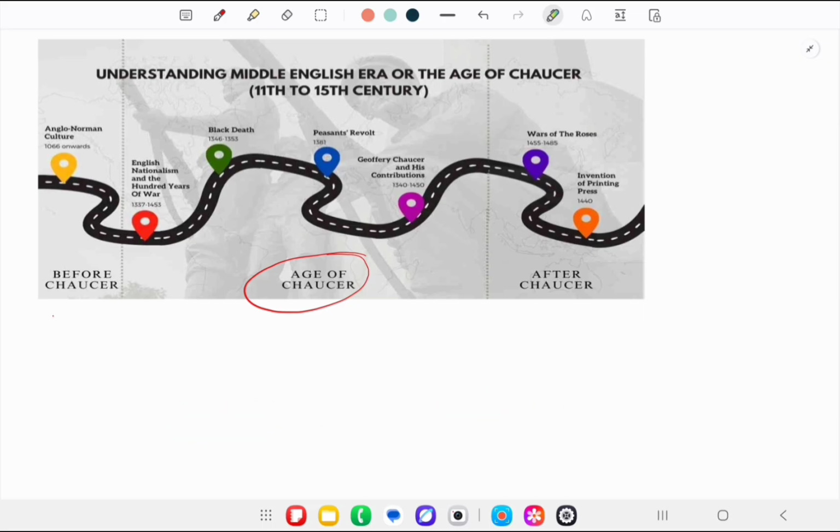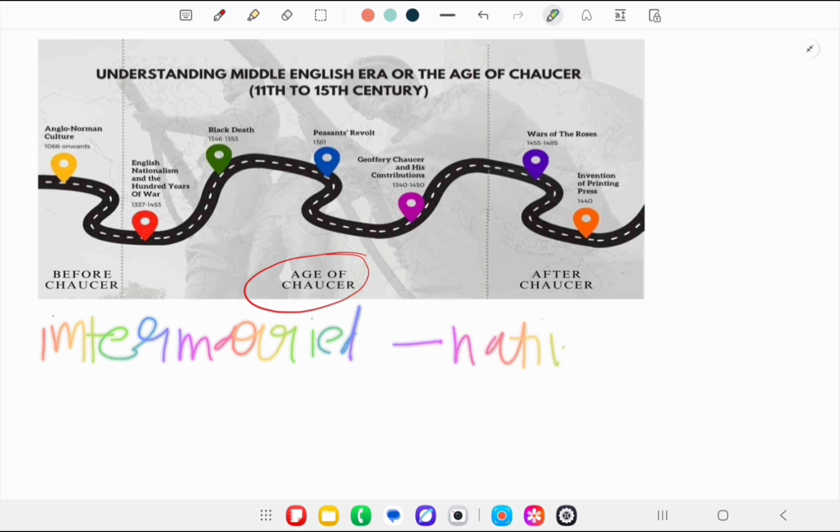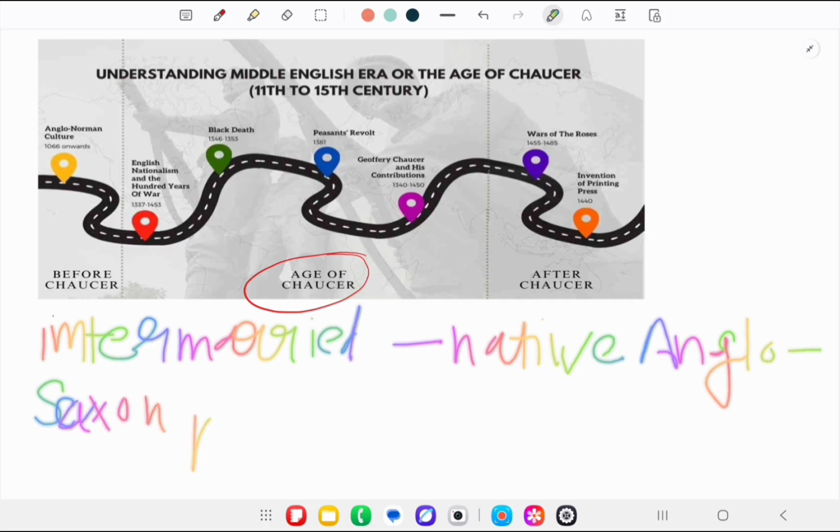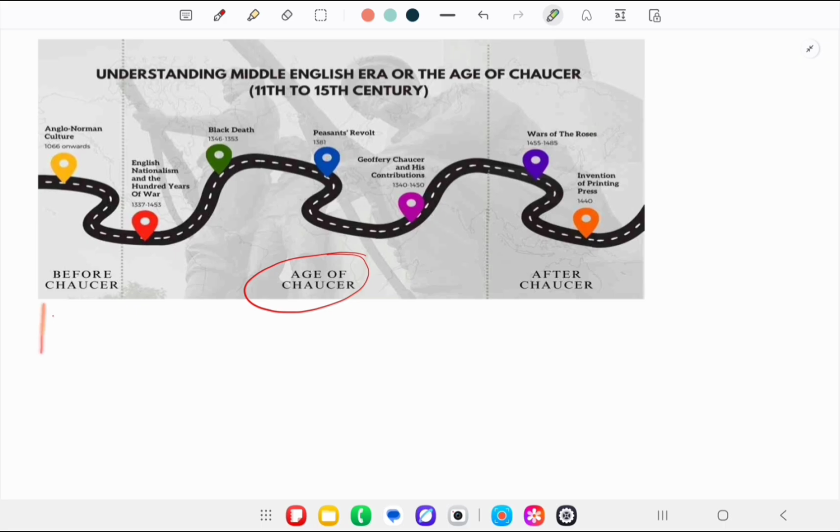And the next one is that over time the Normans intermarried with the native Anglo-Saxon population, leading to the blurring of culture and ethnic boundaries.